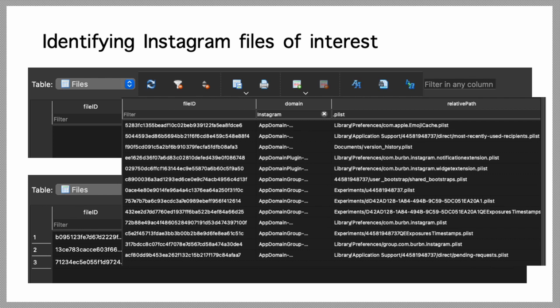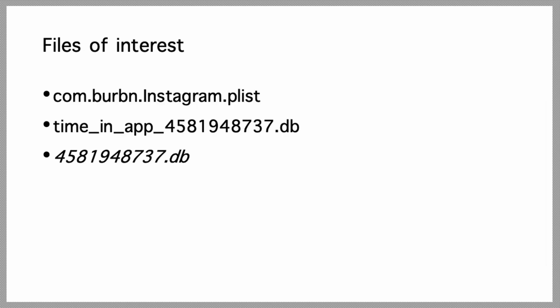So you're welcome to do that. And here we can also see the file that we'll be focusing on, which is the com.burbn.instagram.plist. So this is the list of our files of interest.